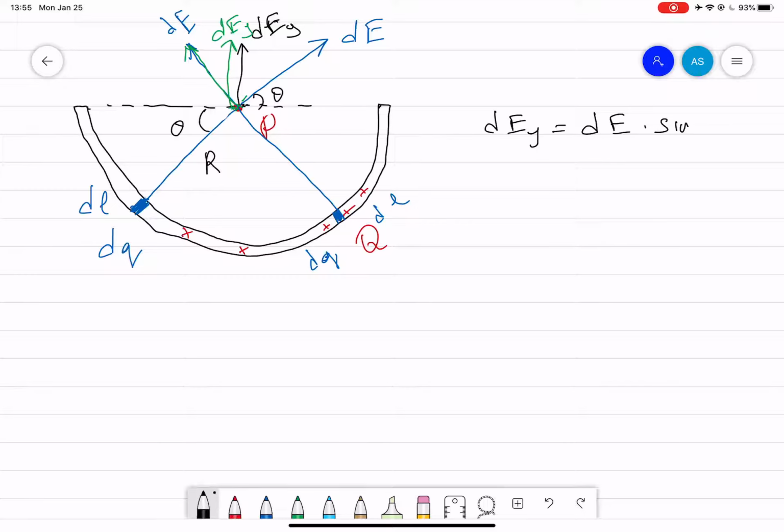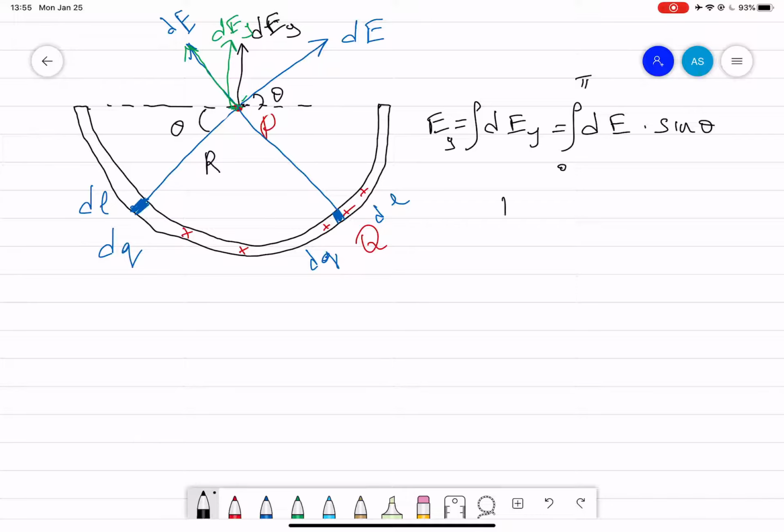Then of course we have to integrate to find the total E in the y direction. The limits will be from 0 to pi. That means we have to somehow bring in d theta if we want to integrate it.